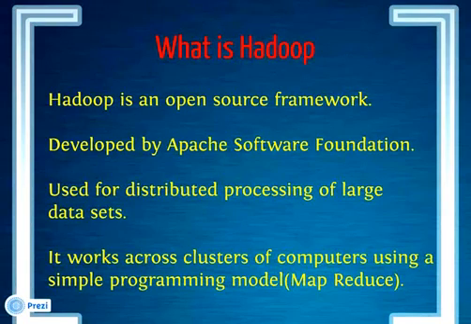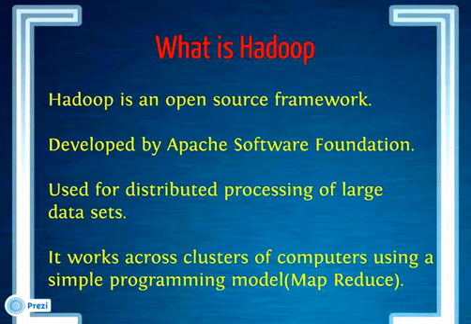The next point is, it works across a cluster of computers using a simple programming model, MapReduce. As I discussed earlier, we have multiple machines. A set of multiple machines which are connected to each other on a network is known as a cluster of computers.